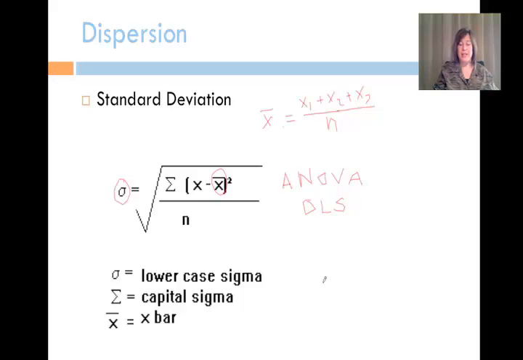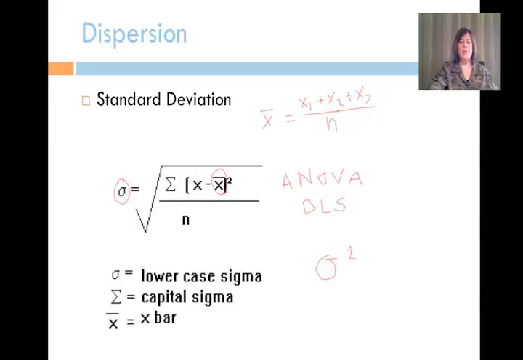The variance is simply standard deviation squared. The variance is roughly a mathematical average of the squared distance from the mean. Don't have to remember that, but it's another measure of dispersion, the variance.